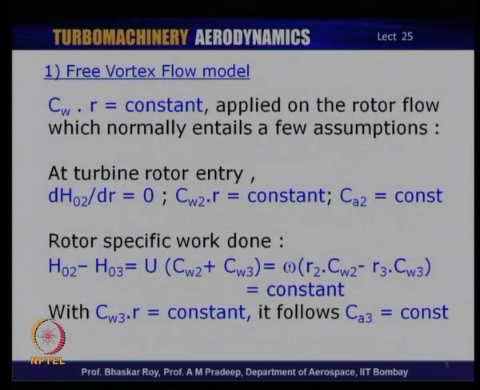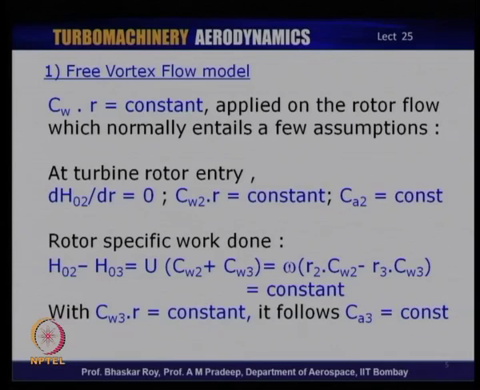Okay. First, we take up the free vortex law, which is of course known to all of you, and it simply gives us that CW R equals constant, and it is applied to the rotor flow, which has a few assumptions behind it. It comes with the radial equilibrium, and then the assumption that the enthalpy gradient along the radius is 0.